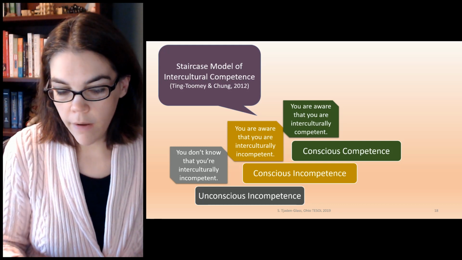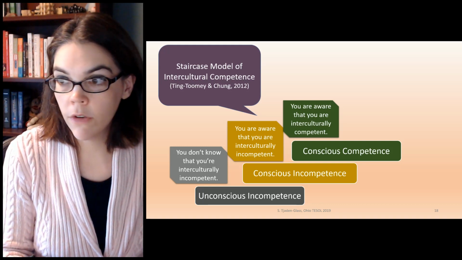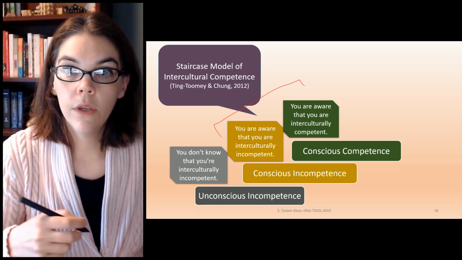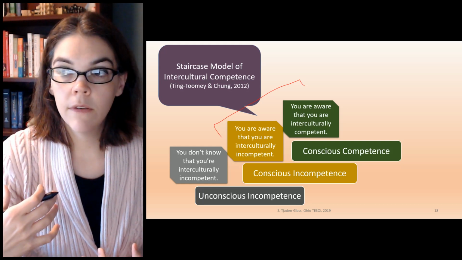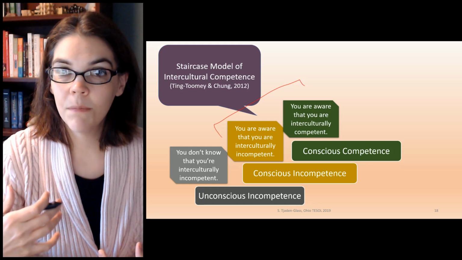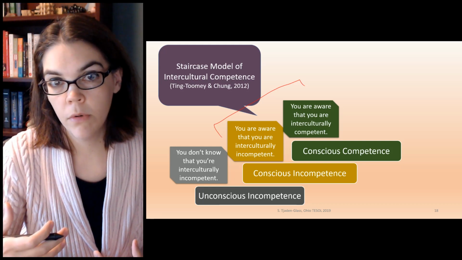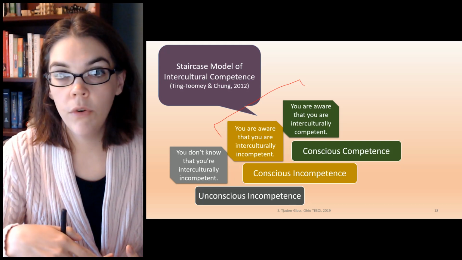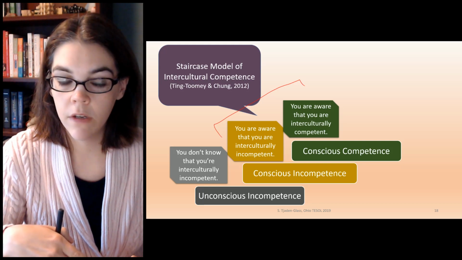A lot of the work that emerging English learners are doing is happening here. It's messy and imperfect, and the people who are going through these stages of developing intercultural competence go through a lot of stress to figure out what the new rules are and how to use them effectively. A lot of work is done here.